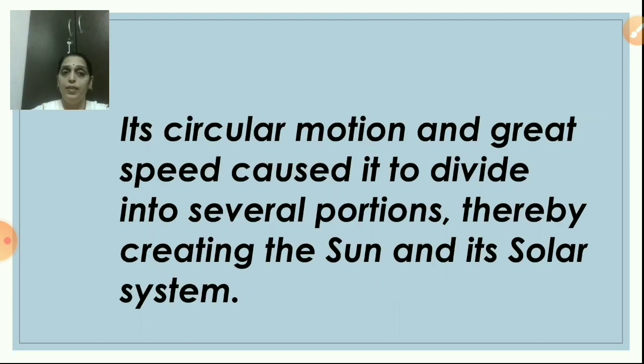Its circular motion and great speed caused it to divide into several portions, thereby creating the sun and its solar system. This means its circular, means round, motion and large speed separated it into many portions, thereby creating the sun and its solar system.